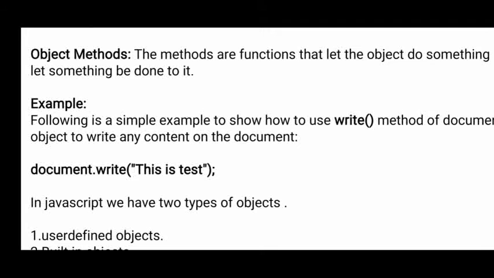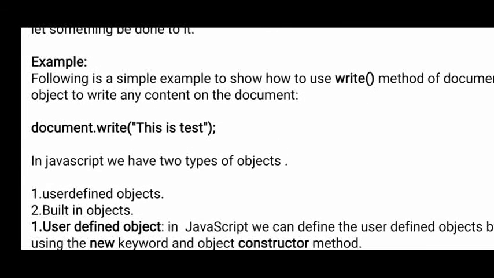Methods perform actions on the variables which are there in the object. Properties are of two kinds: one is a variable and the second is a method. A variable is nothing but a value, and a method is an action to be performed on that value. So in this example, document.write: document is an object, write is a method.